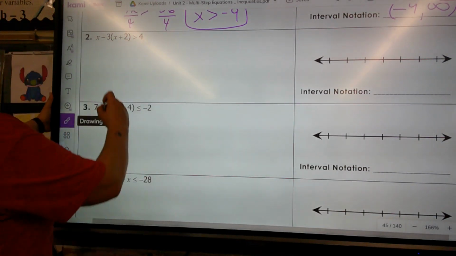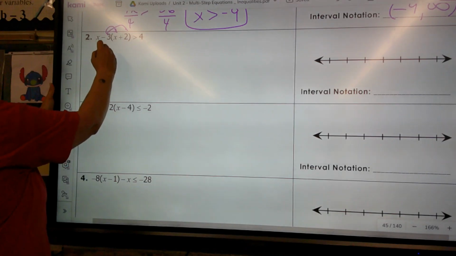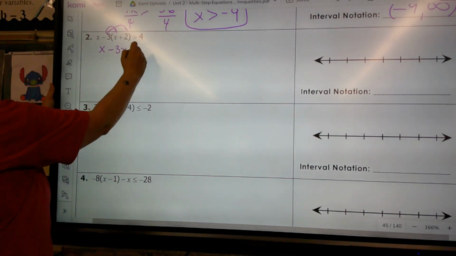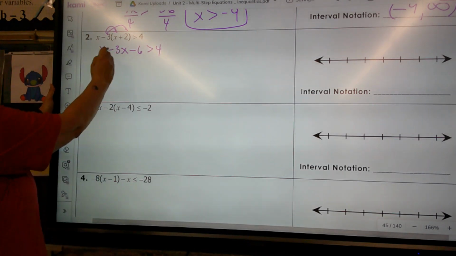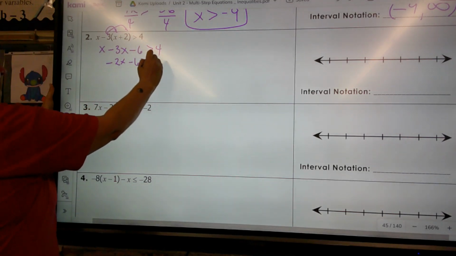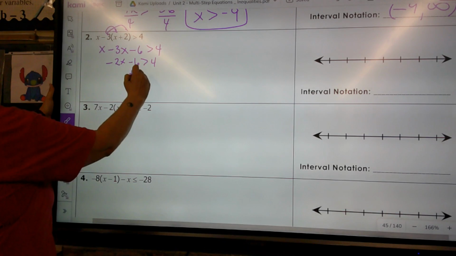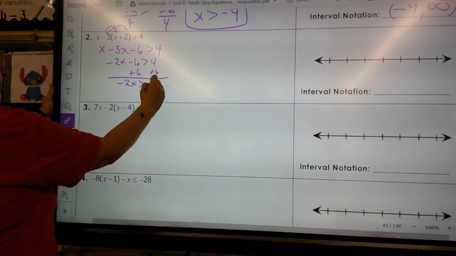All right, again, negative 3 times x, negative 3 times 2, so negative 3x minus 6 greater than 4. Combine your like terms. Negative 2x minus 6 greater than 4. Get rid of your constants. Negative 2x greater than 10.